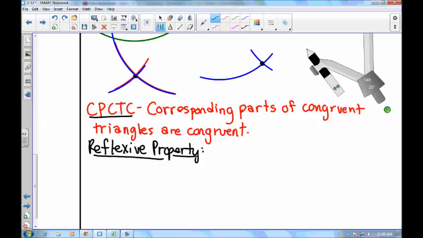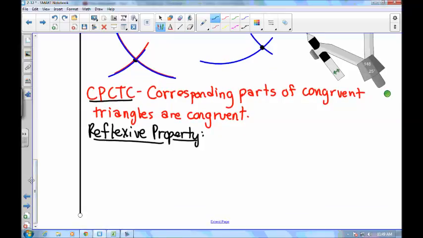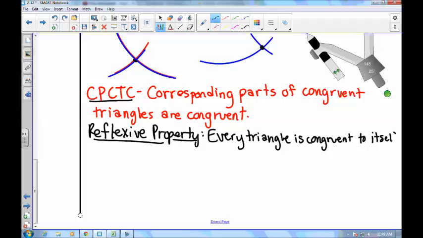Okay? Every triangle is congruent to itself. Every side of the triangle is also congruent to itself. So anything is congruent to itself. That's the reflexive property.